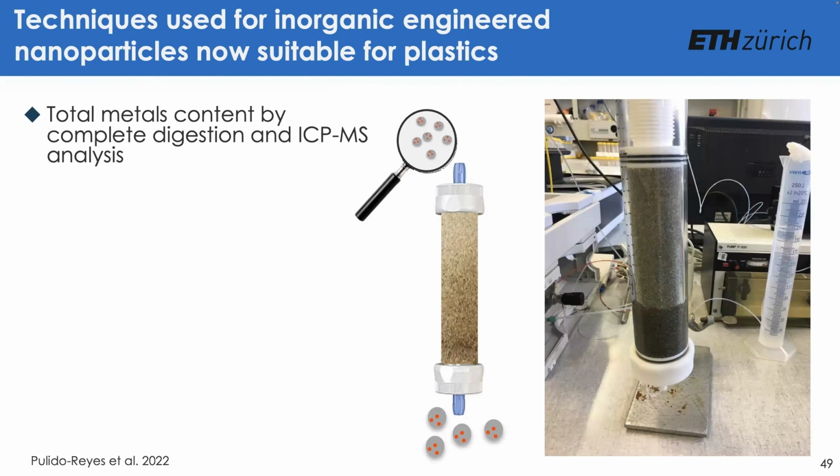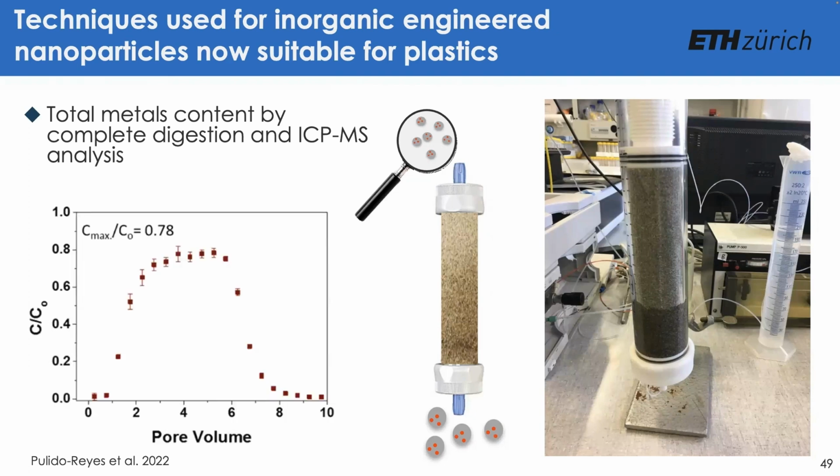At the bottom, we can flow through our metal-doped microplastics and then over time collect different aliquots of liquid coming through the top of the column and measure the metal as a proxy for the plastic, to understand how fast the nanoplastics or microplastics move through this porous media. In this way, we start to get a breakthrough curve of how nanoplastics or microplastics can move through this porous media.